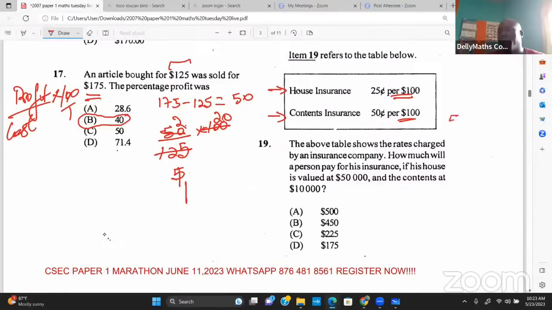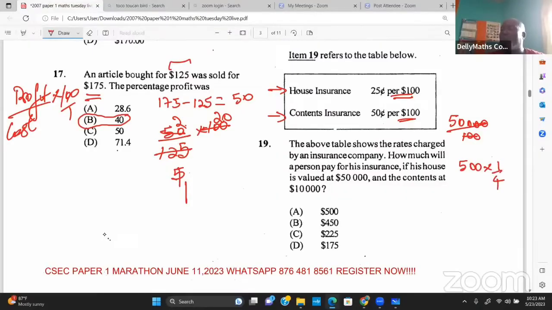First, what you want to do is to find out how many hundreds you'll get in 50,000. So you divide this by 100. You could see you're going to get 500. But remember that it is 25 cents per 100. So I'm going to get the 500 times 25 cents. But 25 cents is actually a quarter of a dollar.